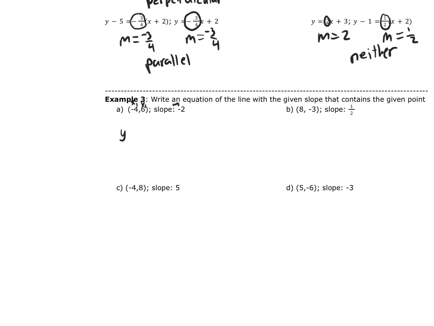So y minus 6 equals -2, parentheses x minus -4. Minus -4, same thing as +4. So y minus 6 equals -2x minus 8. I have to redistribute that -2. Then we add 6 to both sides to get y equals -2x minus 2.